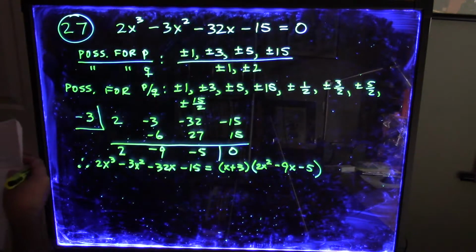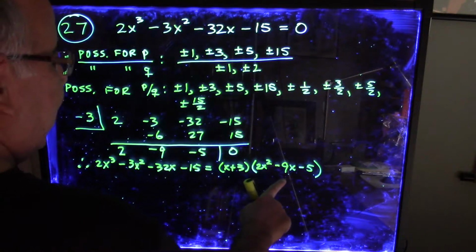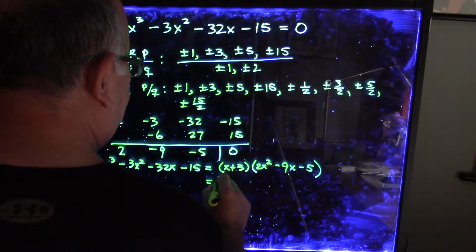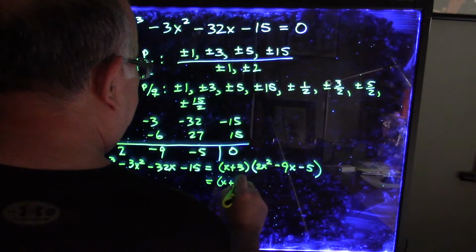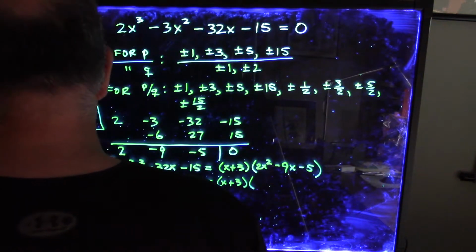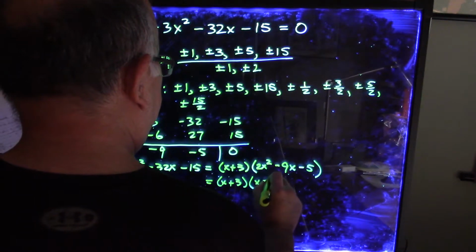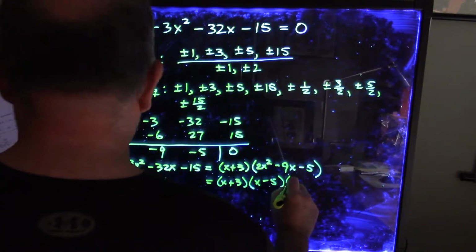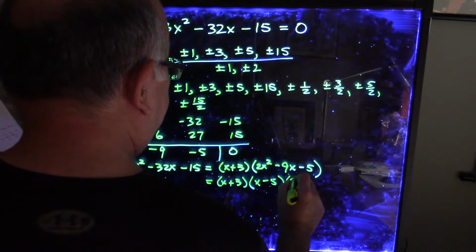Now it turns out we can factor this over the integers. So this is equal to x plus 3 times x minus 5 times 2x plus 1.